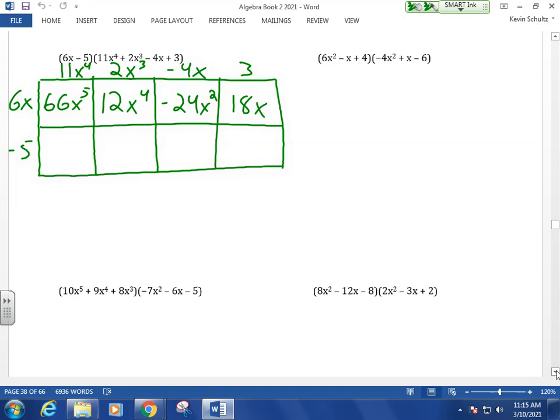Bottom row, 11x to the fourth times negative 5 is negative 55x to the fourth. Then negative 10x cubed, positive 20x, negative 4 times negative 5, positive 20. And then negative 15 to finish it out.